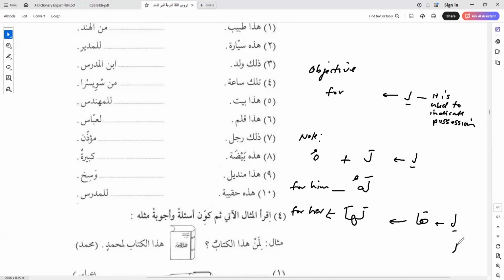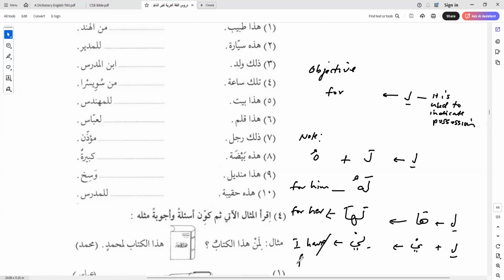However, when you combine li with the ya, then it becomes li, which means I have, or for me.